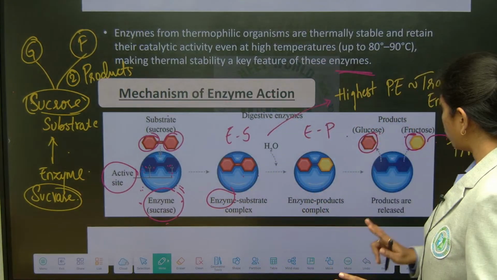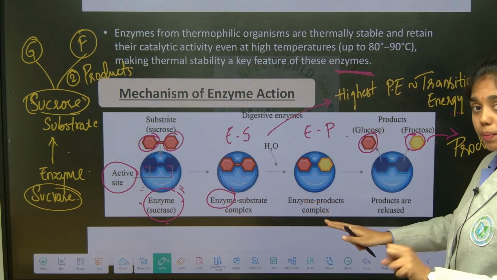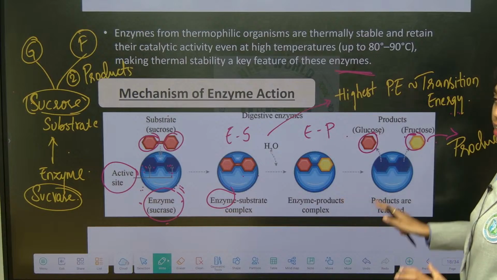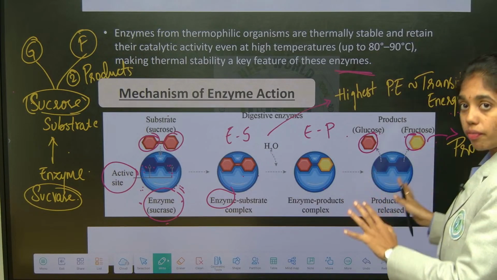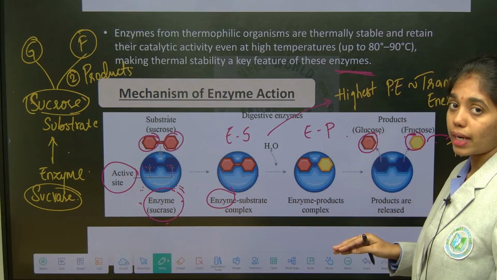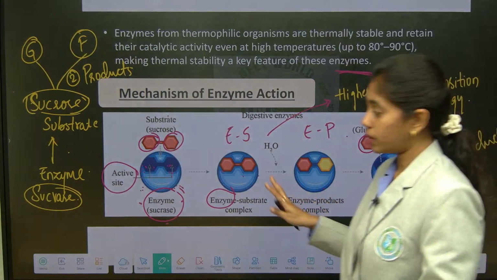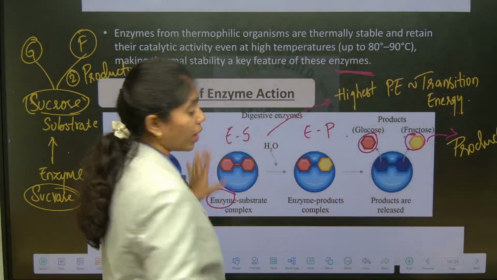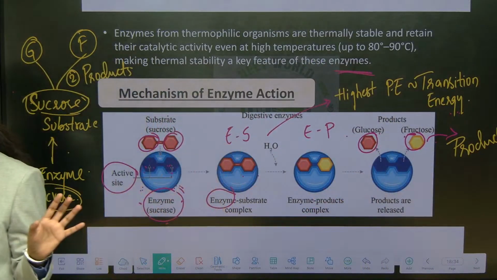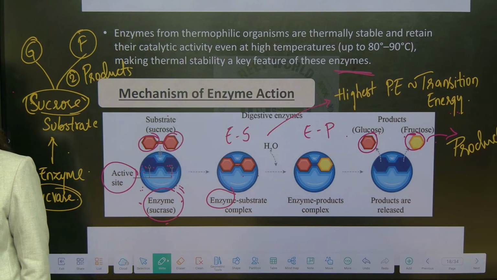Usually it is transition energy, but in the presence of enzyme, minimal energy is required, that is known as activation energy. This is a brief idea that you have to know before getting into the models of lock and key hypothesis and induced fit model. Just go through this concept and analyze it briefly. If you have any doubts, drop a message in the chat box. I will address your doubt.